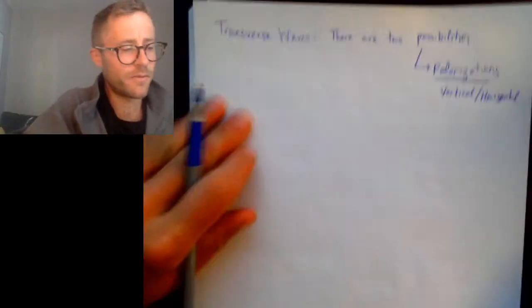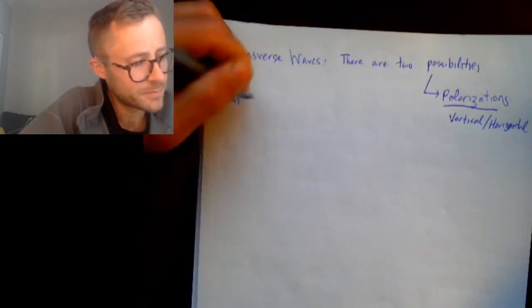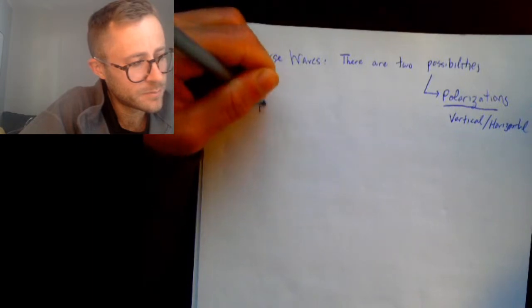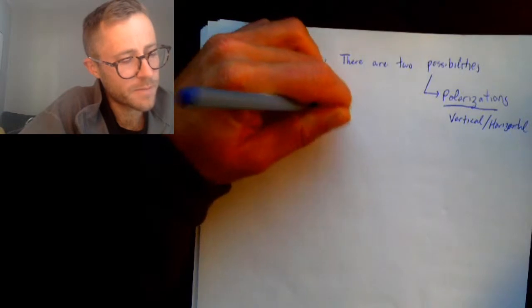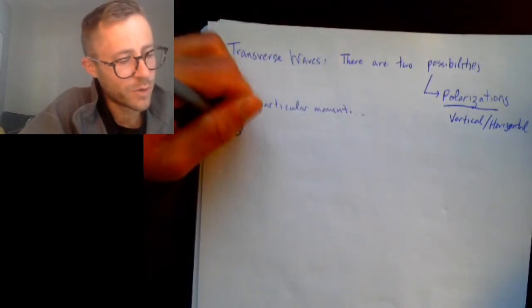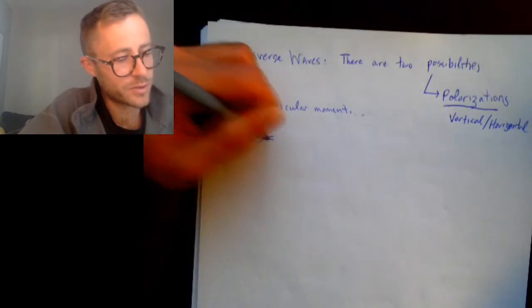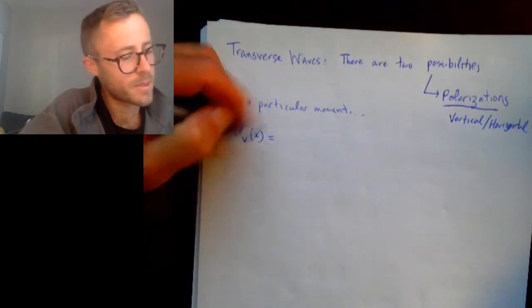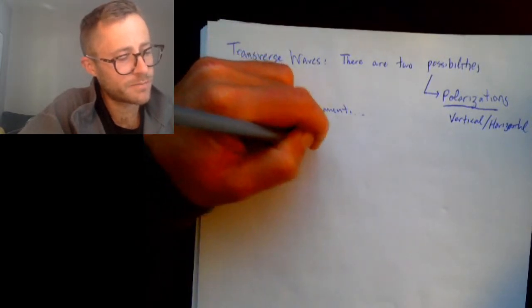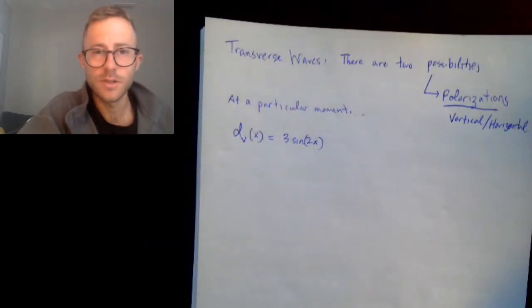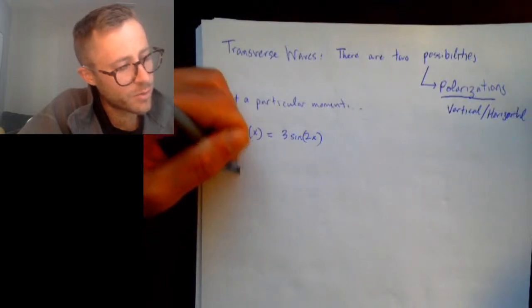So at a particular moment, you have a vertically polarized wave, and its displacement as a function of position is, let's say, 3 sine of 2x. Okay? And then you have a horizontally polarized wave.